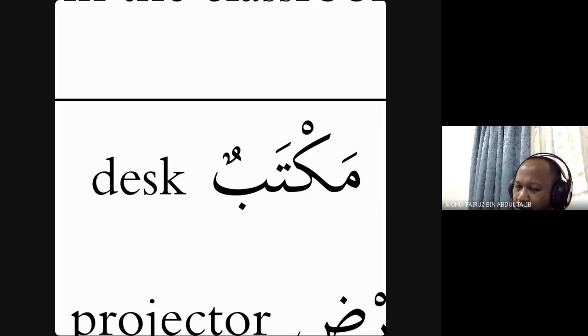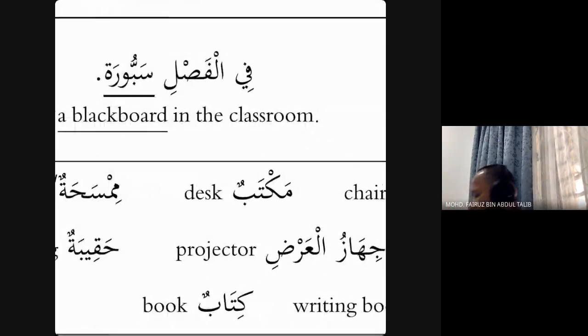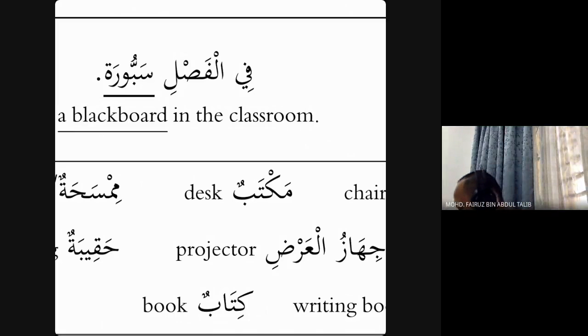Just combine the two words. Maktab ustaz, the teacher's desk. Maktab talib, the student's desk. So you combine the words to say possession. Whose book, whose kitab or whose maktab is that? You just put the word after the word maktab. Fil fasli yujadu maktabun. In the class, there is one desk.